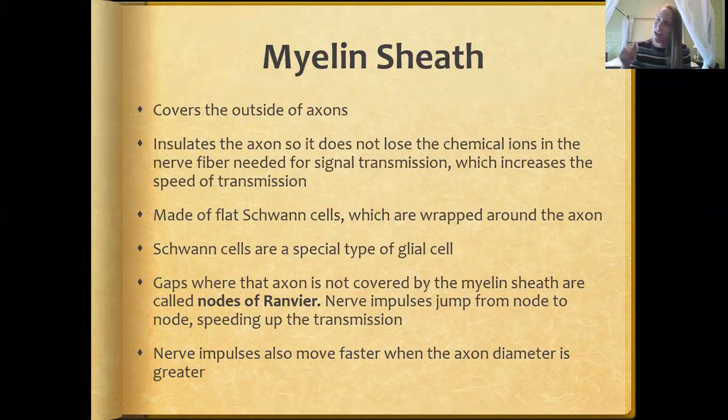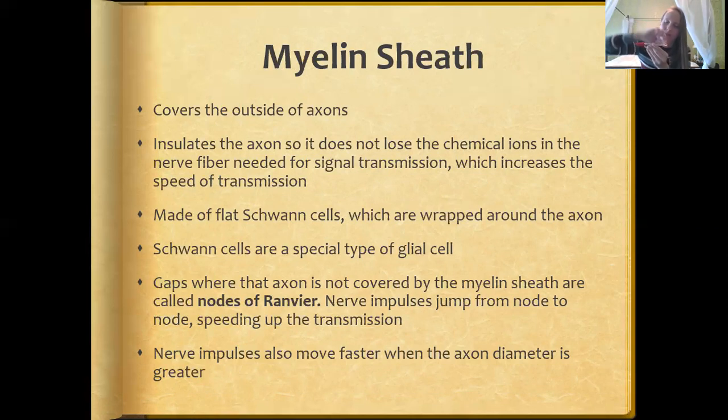And when an impulse is traveling down the axon, if there was no myelin sheath, it would just have to go from one spot to the spot directly beside it, and then the spot directly beside that, and it would just keep going down the axon, moving to the adjacent spot.